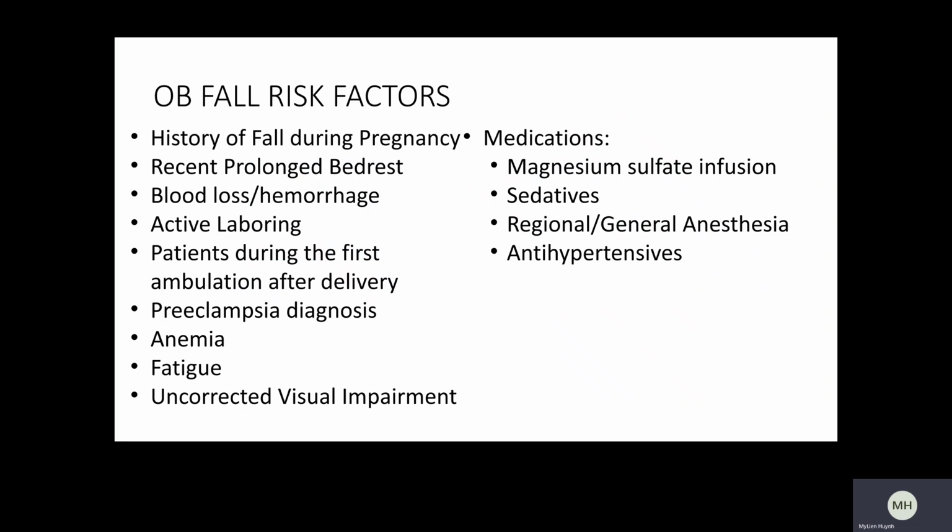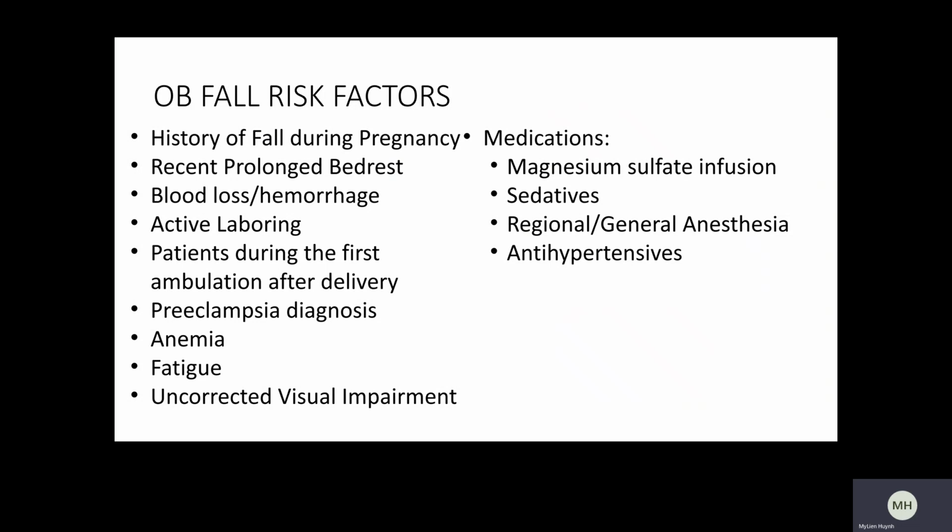Here are some risk factors that we want you to keep in mind when you're assessing your patient. If they had a fall in their last trimester, that's something you're going to want to take note of. Prolonged bed rest, for those antepartum patients that are on bed rest for any time in the last 2 months of your assessment.